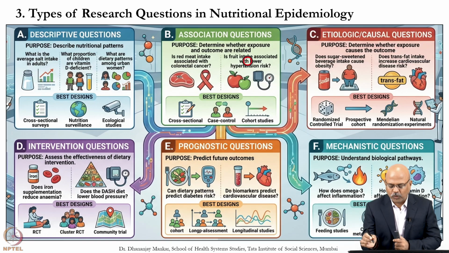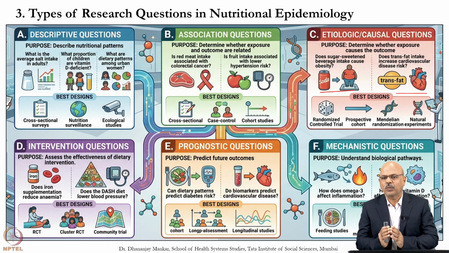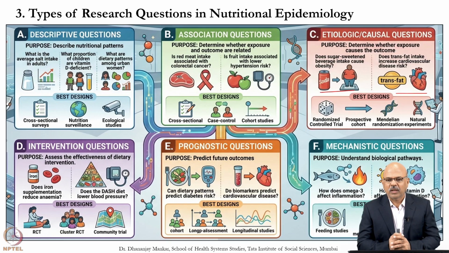You may find exposure to soda beverages linked with obesity, trans fat related or associated with cardiovascular risk. An example can be, does sugar sweetened beverage increase or can be a cause of obesity? Does trans fat intake increase cardiovascular disease risk? Okay. The etiological or causal question can be used in randomized control trial, prospective cohort, Mendelian randomization or natural experiments. Okay, you have a variety to select as the best design.